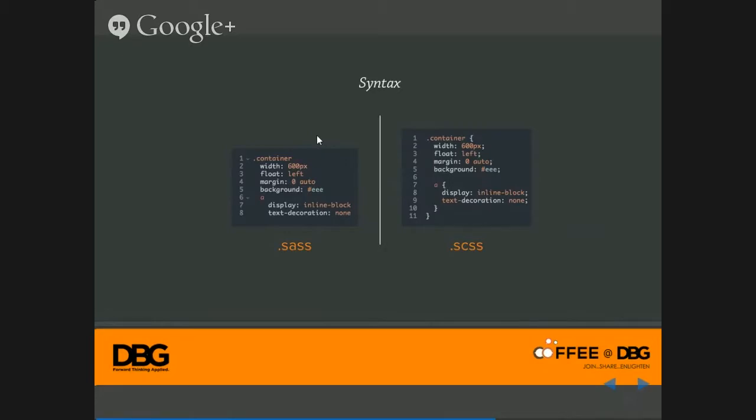Later, I think in version 3.0, Sass got upgraded, and the file extension changed from .sass to .scss, and the syntax looks almost similar to CSS.